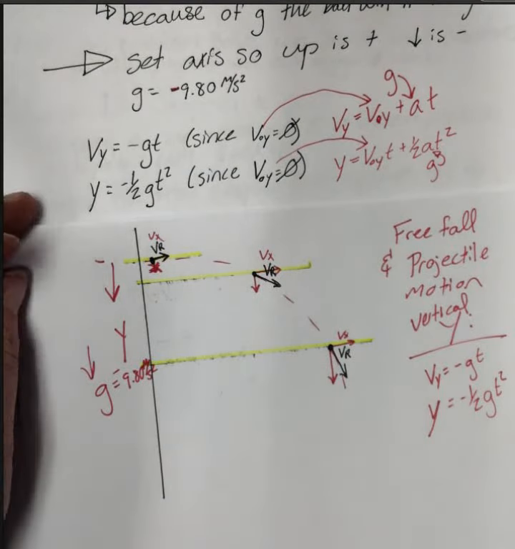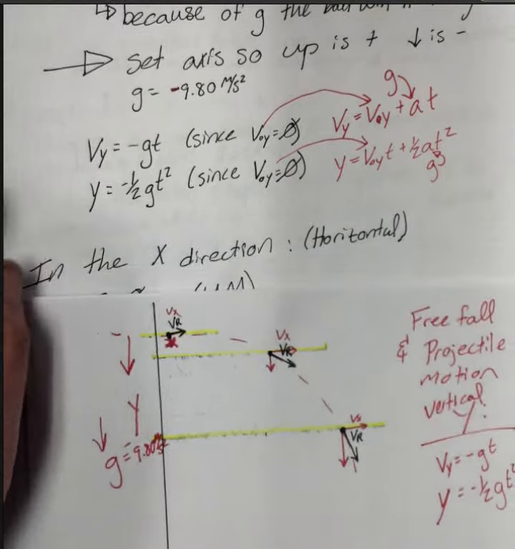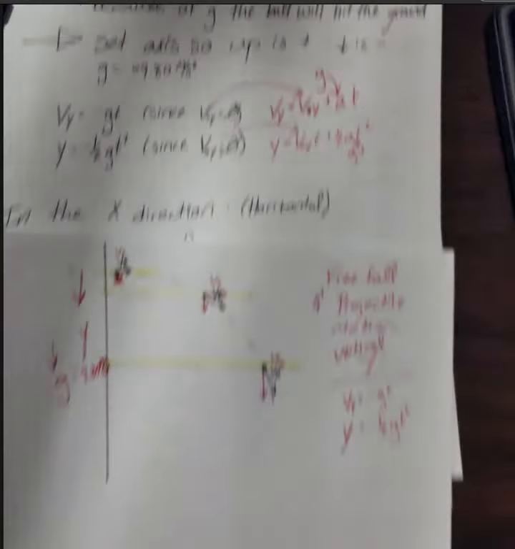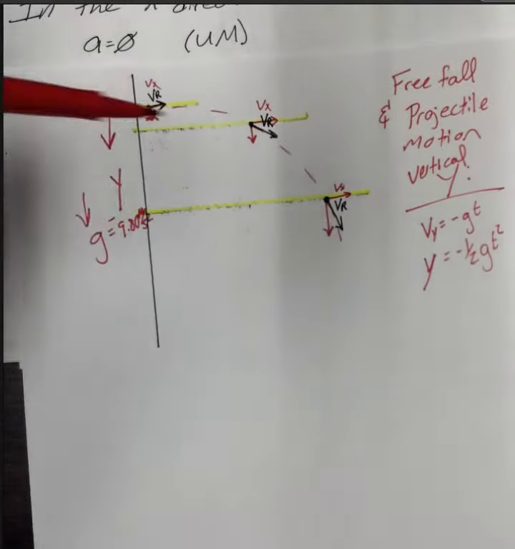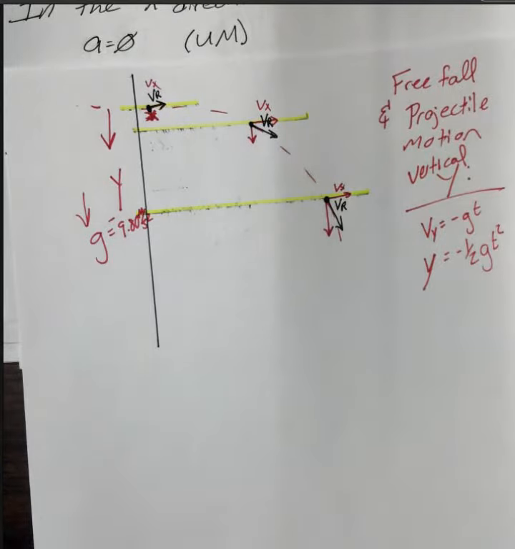And so that means you could solve for anything in a projectile motion problem in the y direction using these two equations. In the x direction, the horizontal direction, what do we have to consider? Well, in the horizontal direction, gravity doesn't act. Sorry, the lights went out. In the x direction, gravity is not acting.